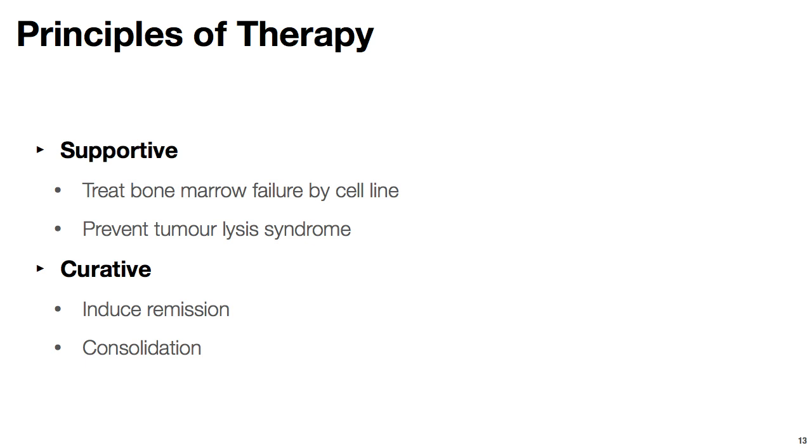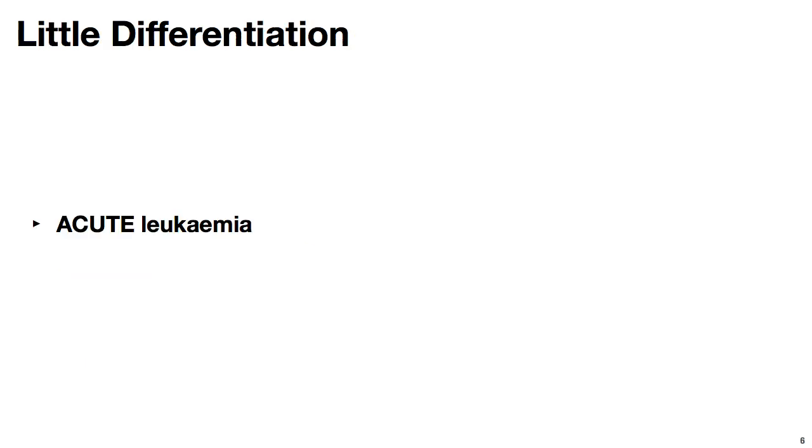In children, there's a specific cycle that I think we've come across before, which has 3 phases. In the induction phase, the aim is to achieve complete remission. There's then an intensification cycle over a couple of months to avoid relapse, and then a prolonged maintenance therapy if necessary.